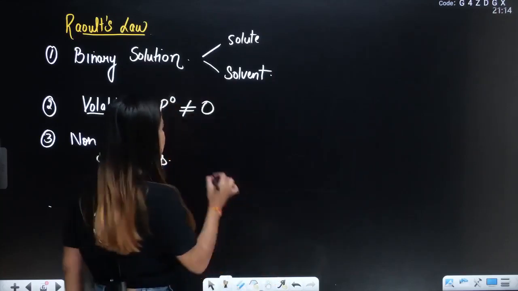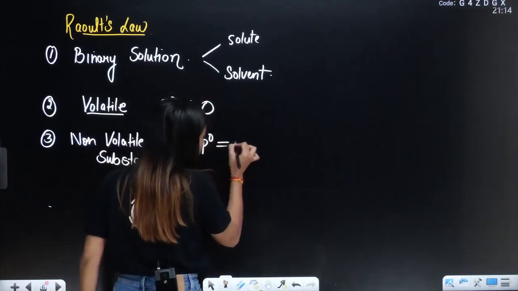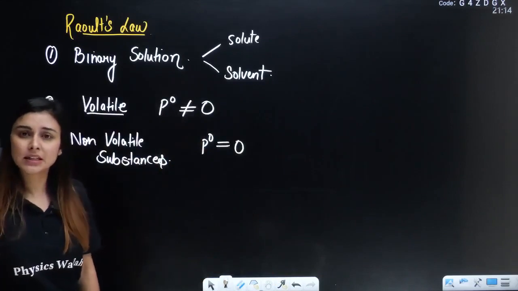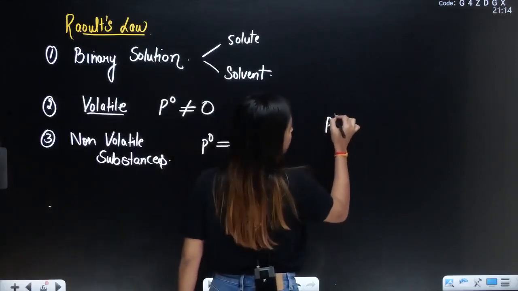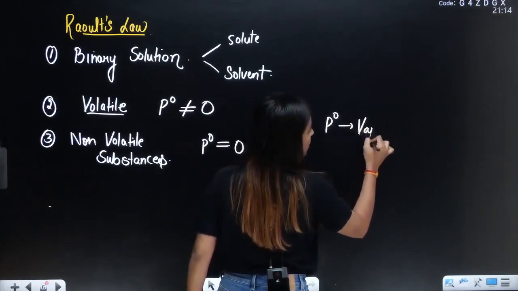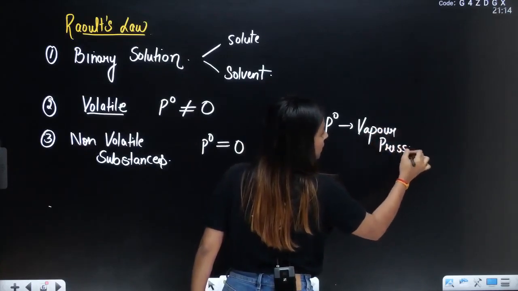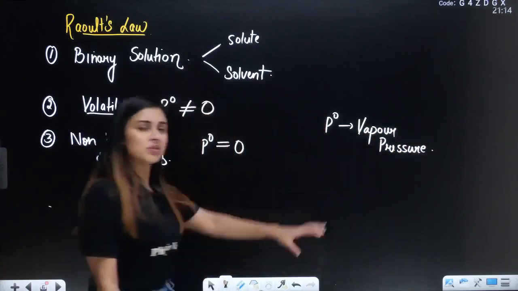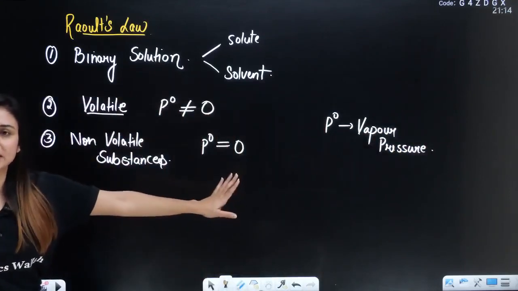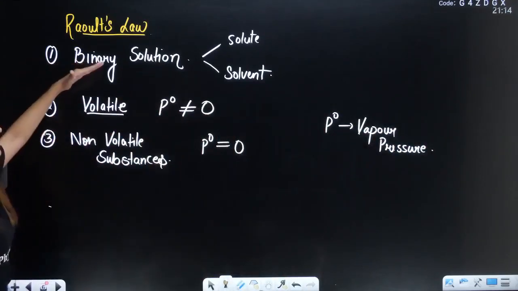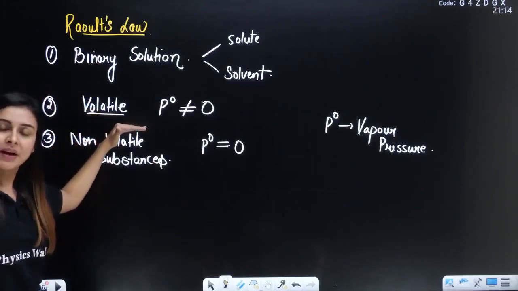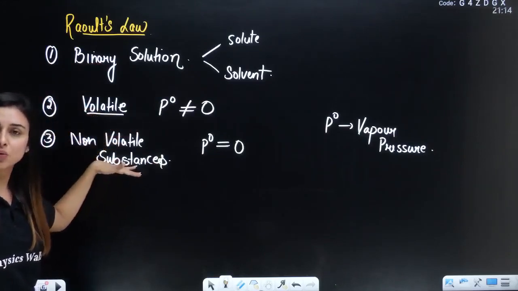This means that here P naught will be equal to 0. Let's denote here P naught as the vapor pressure. I hope this is clear with you. I hope you don't have any issue here. Perfect. So, for binary solutions, you have to understand the terms binary, volatile substance, non-volatile substance.